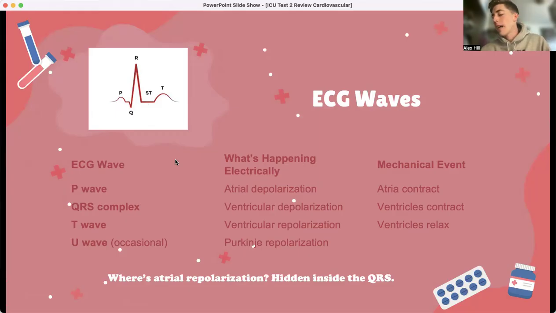This is the same mechanism we're going to talk about later with junctional rhythms. One of the definitions of a junctional rhythm is that either it does not have a P wave or the P wave is really close to the QRS complex. And that happens for the same reason. There's still a P wave because the atria do contract, but it's starting from the AV node.